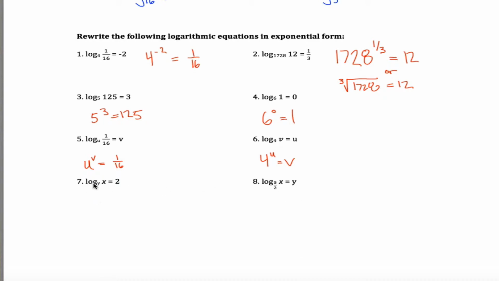And finally down here, we'd have y squared is equal to x, and we'd have 5/2 raised up to the y power is equal to x. And that's it. Just kind of shuffling things around. It'll benefit you to be comfortable going back and forth between these two forms, because when we learn more stuff, both forms will have their advantages, and you'll want to be able to immediately switch from this to this without thinking twice about it.